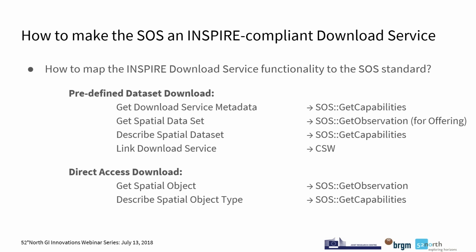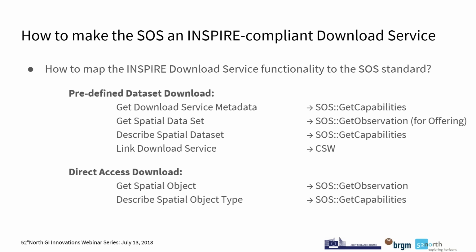Besides the data access operation, you usually have also the requirement to get the metadata about such a service. For that, like for other OGC services, you would use the GetCapabilities operation. For describing your spatial data sets, you would also go for the GetCapabilities operation in order to download a list and compact information about these available data sets called offerings.